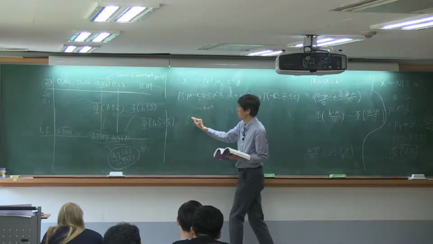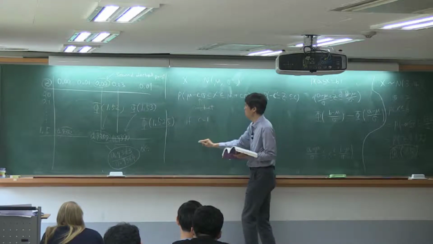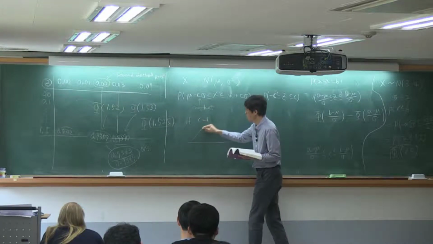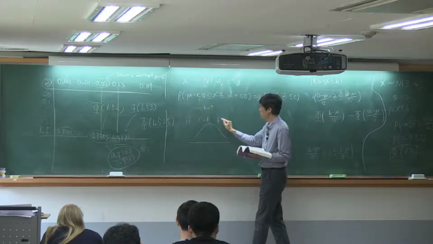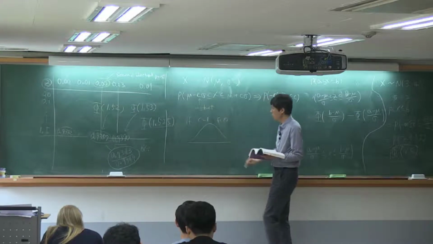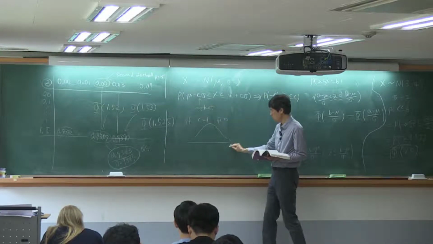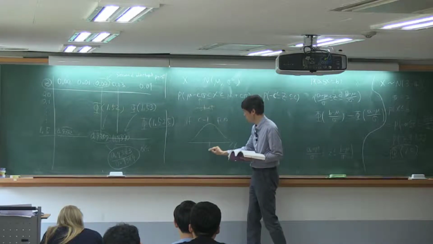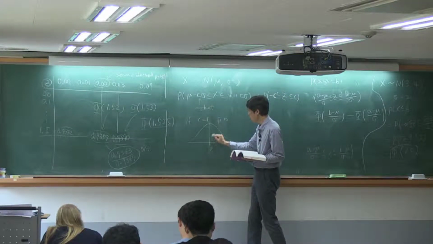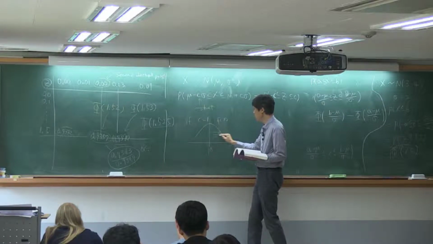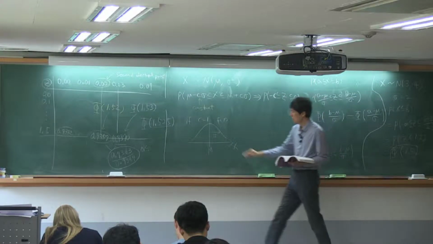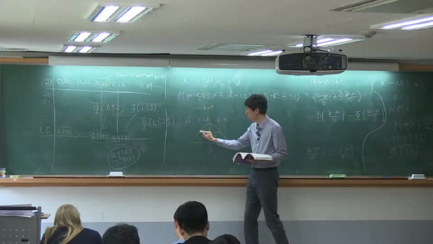So if C is 1, for any PDF of random variable X, the center is mu, and we take plus and minus 1 sigma.